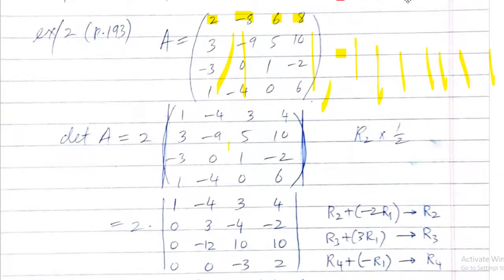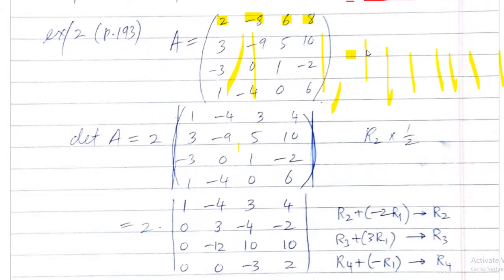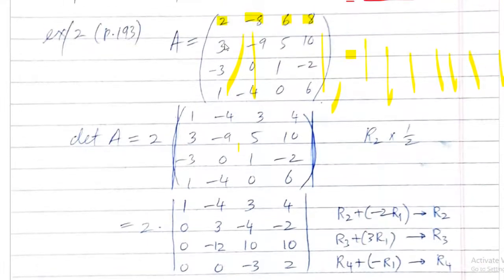So instead, let's use row operations and bring it into a triangular form, or at least bring zeros in this column. We need a 1 here.